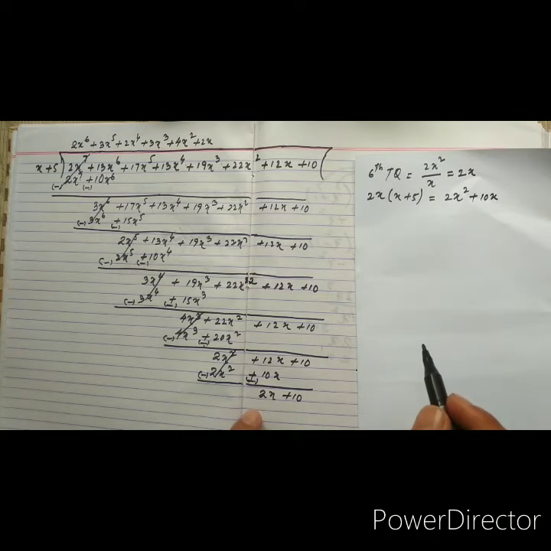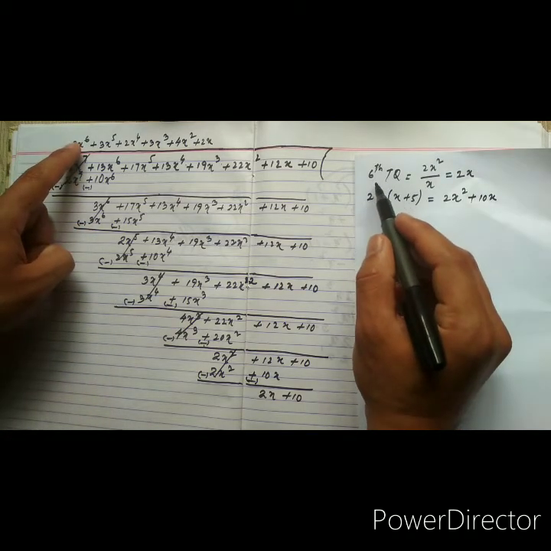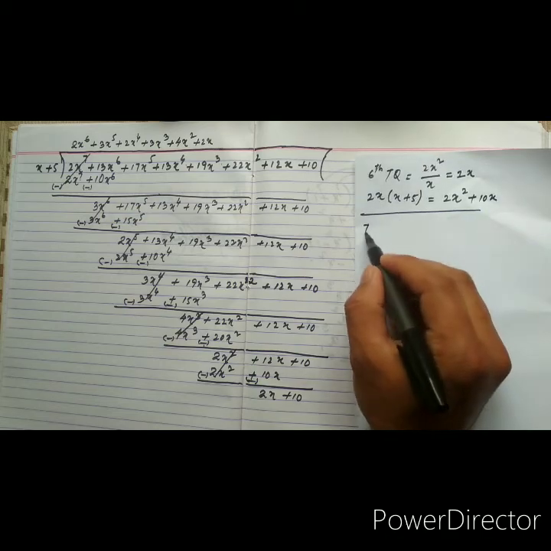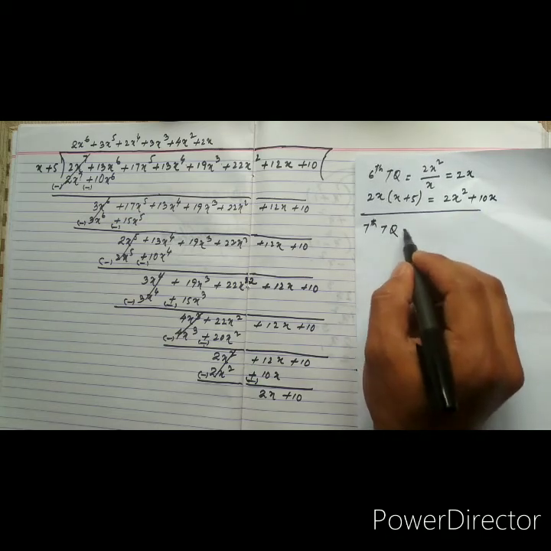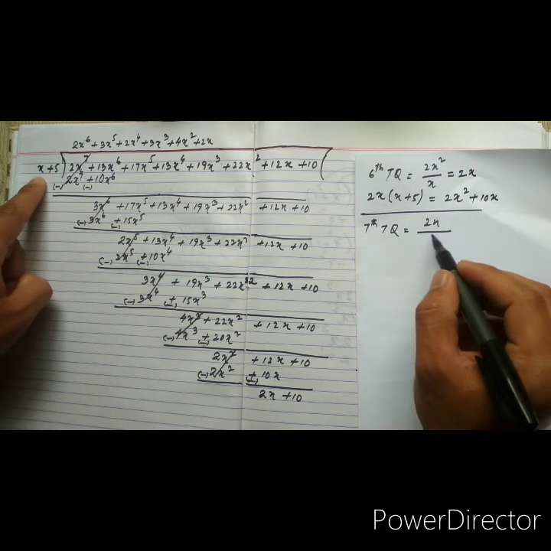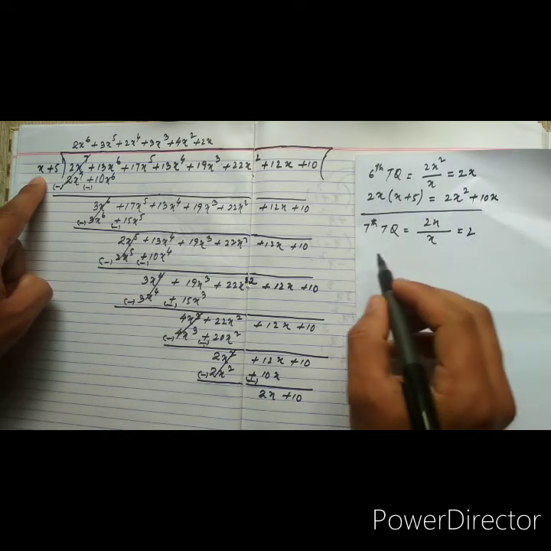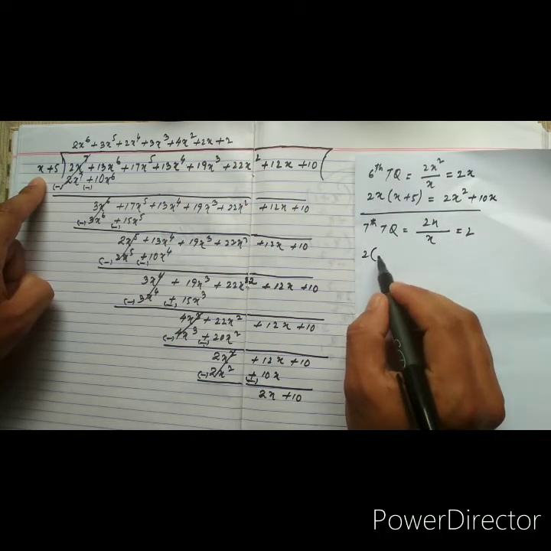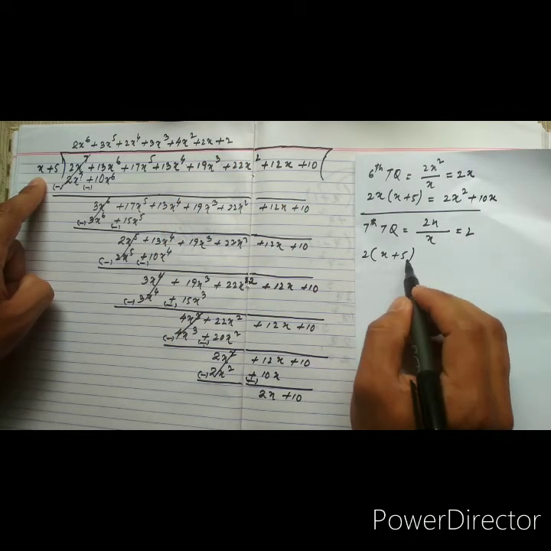Then we're going to find the first, second, third, fourth, fifth, sixth, seventh term of the quotient. We'll take this 2x, then from here x, we'll get 2. These 2 will be written here, and 2 will multiply with x plus 5.